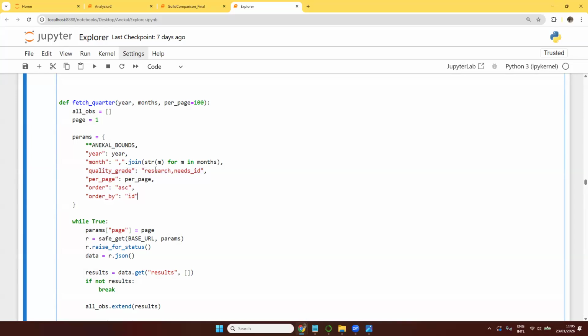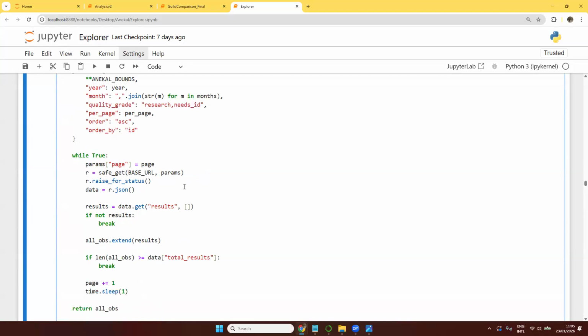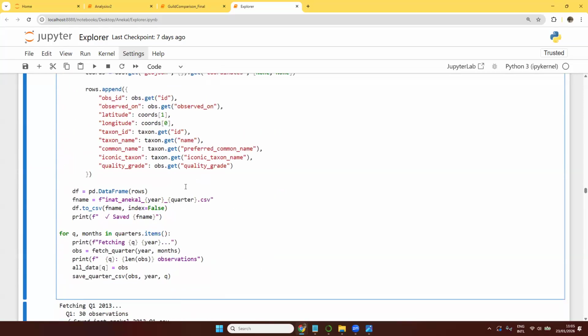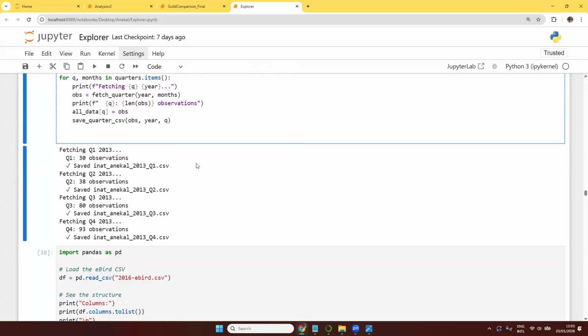I don't know if you want to restrict it to research, but I think these two are the relevant ones. And I've gotten all iNat observations, regardless of the order or the taxon or any such classification. So the data is available. I've saved it locally, so we can already run all kinds of analytics on it. This is for 2013, but I have it for all the years.